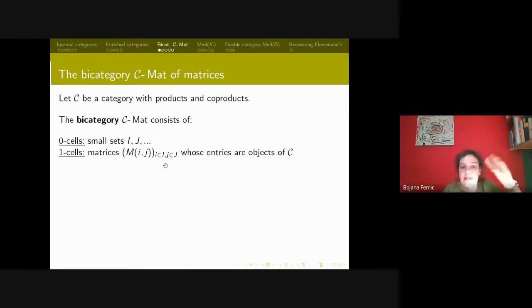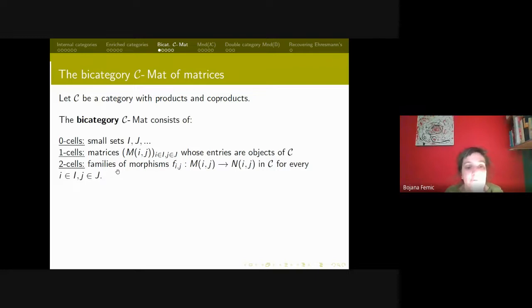And the entries in that matrix, one entry at the position ij, I denote by M of ij, and this will be an object of C. So it's a rectangular array whose ij positions, its entries, are just objects in C. And then two cells are families of morphisms such that for each coordinate ij, I have a morphism in C, right? So if you imagine two matrices, among corresponding positions, I take morphisms in C.